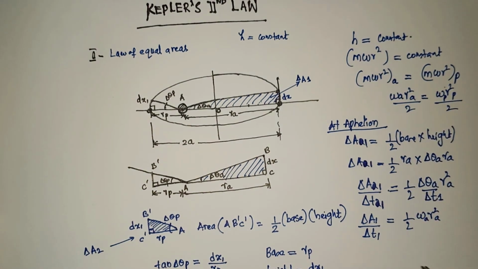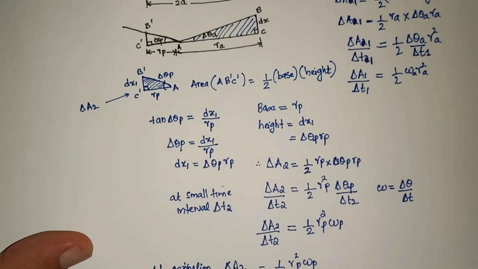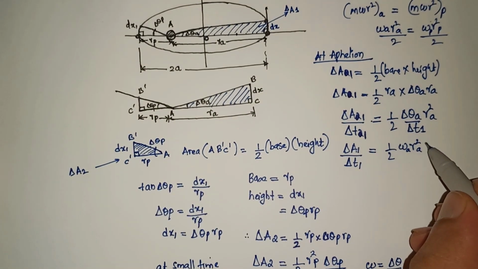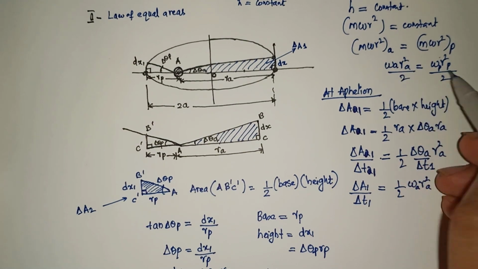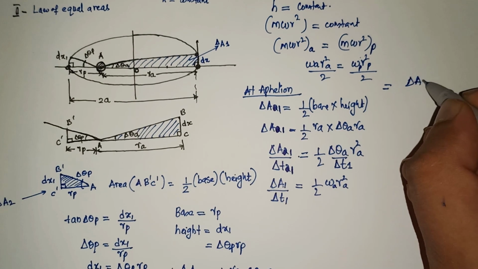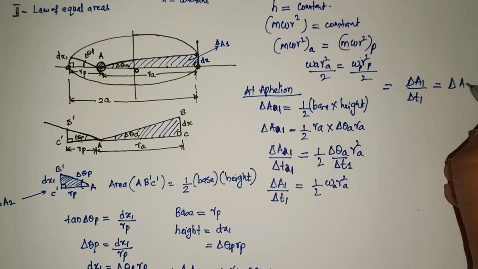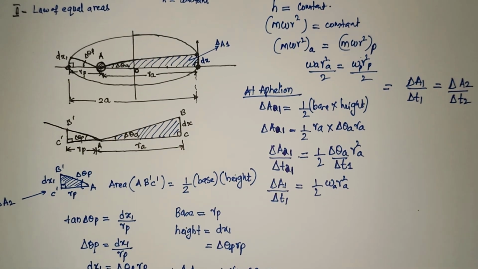So this is nothing but your delta a1 by delta t1, and this is delta a2 by delta t2, because these are the equations which we get finally. So here we have this equation delta a2, just like this one, and delta a1 by t1 is half into this one. So if you see here, this is nothing but delta a1 divided by delta t1 equal to delta a2 divided by delta t2.